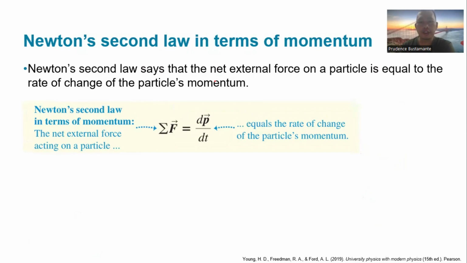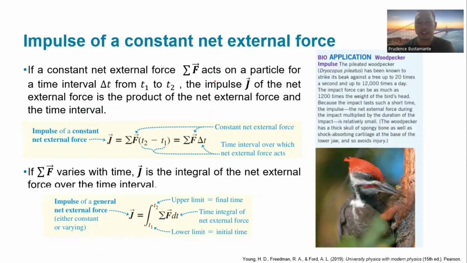So let's go to another physical quantity called the impulse. So we defined the momentum; now let's define the impulse. What is this physical quantity? If a constant net force acts on a particle for a time interval t1 to t2, then the impulse J, a new physical quantity, is a vector.